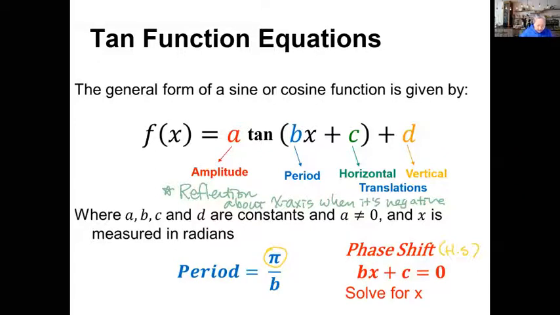But one thing that is very different from either sine or cosine is that the tangent period is pi. When you algebraically calculate the transformed period, it will not be 2 pi over b. For tangent, it's just pi over b. And the phase shift is still the same, okay?